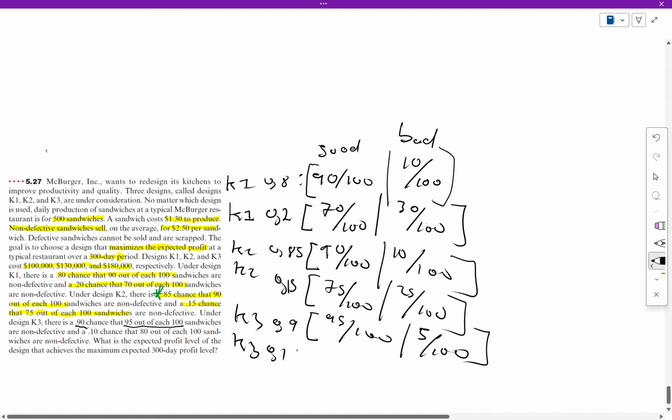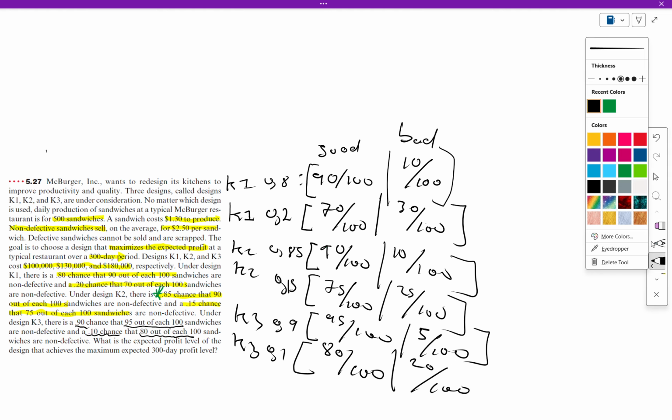And this one is 80 over 100 good, and the bad is 20 over 100.